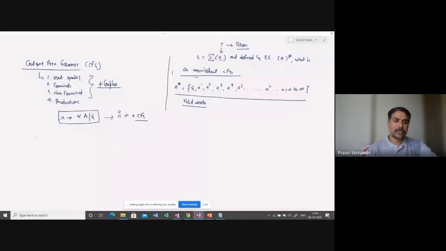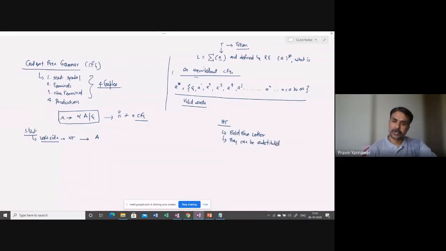Okay, so let us try to explore. Can we have a start symbol here? As per the definition, we know that the start symbol is at the left side. Okay, this must contain a non-terminal. So here this non-terminal is A. Okay, we know that a non-terminal entity is represented in boldface capital letters, and they can be substituted.